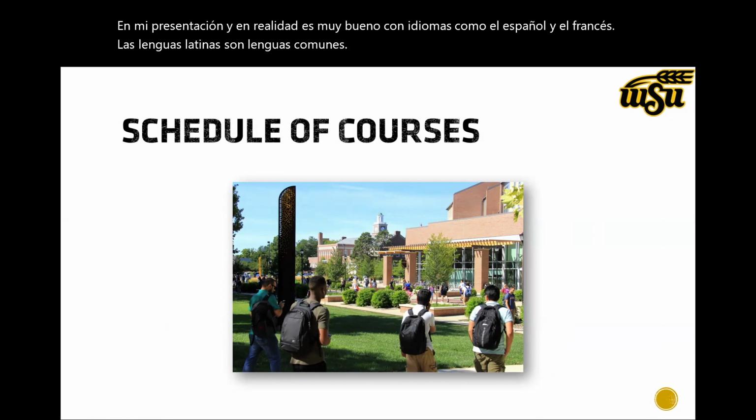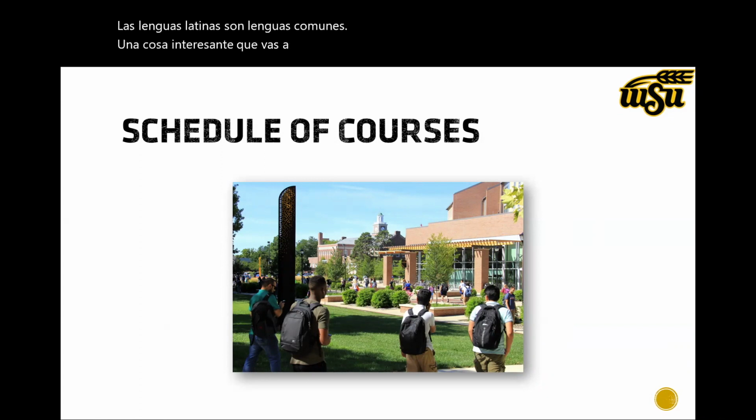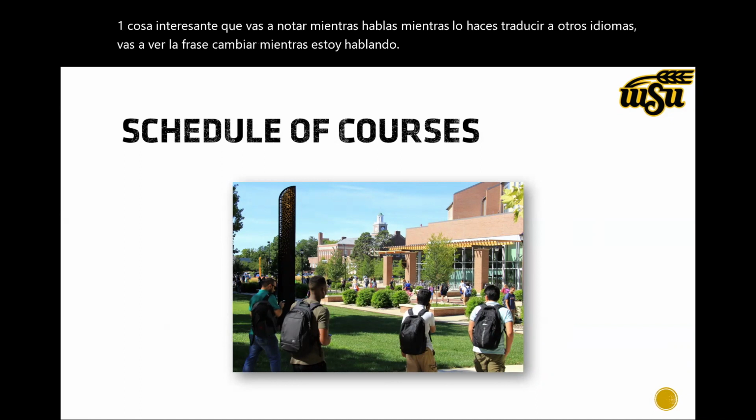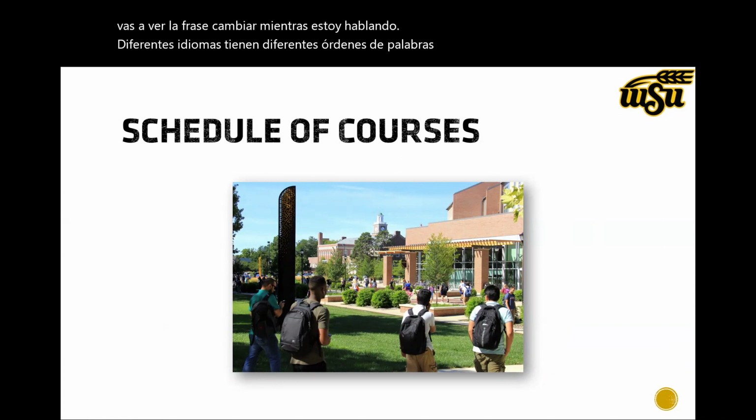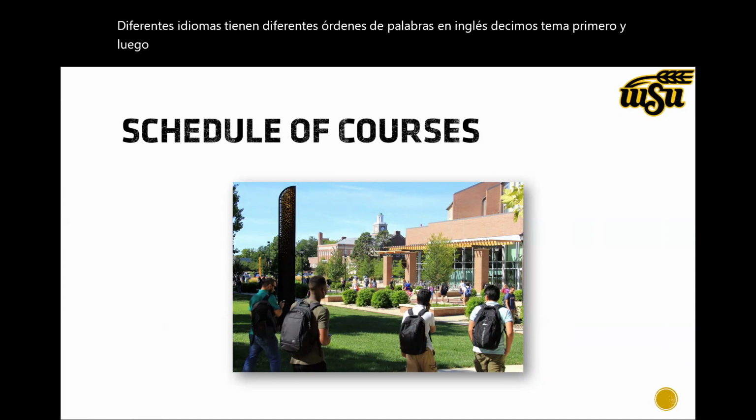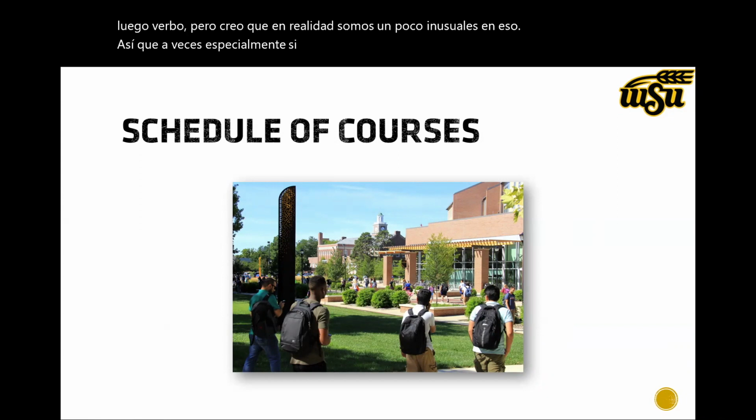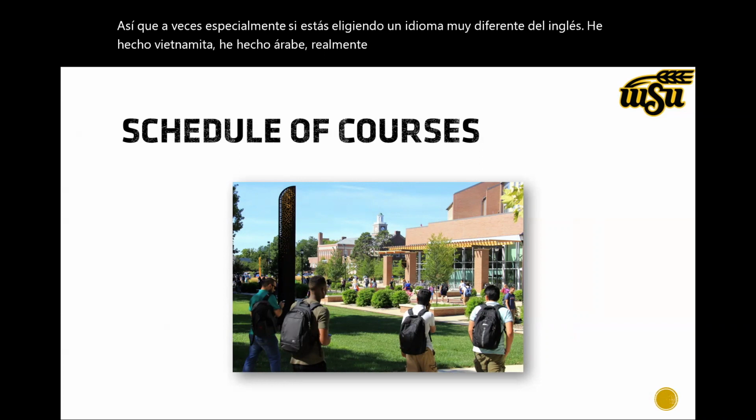One interesting thing you're going to notice as you're having it translate into other languages, you're going to see the sentence shift around as I'm talking. Different languages have different orders of words. You know, English, we say subject first, then verb, but I think we're actually kind of unusual in that. So sometimes, especially if you're picking a really different language, very different from English, like I've done Vietnamese, I've done Arabic, you really see it flipping things around.